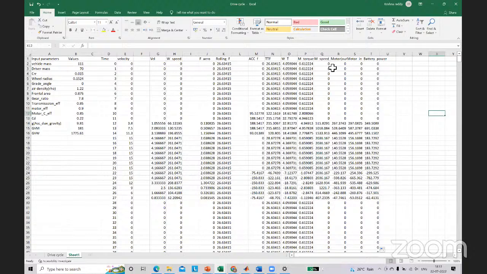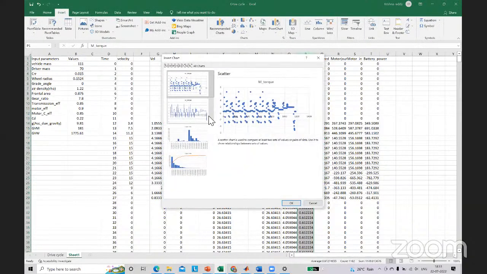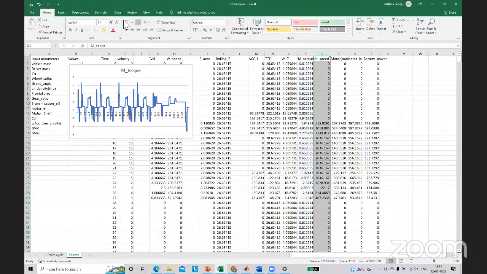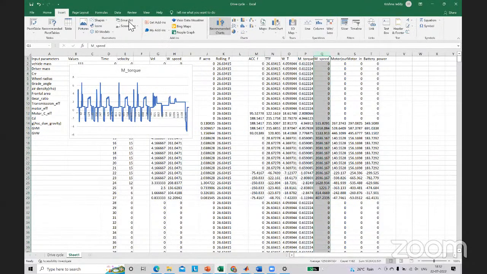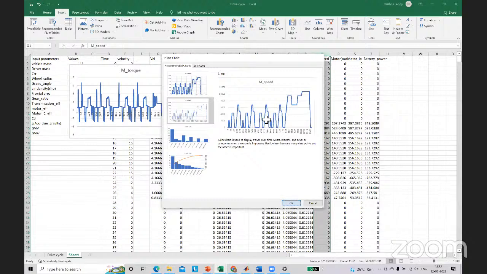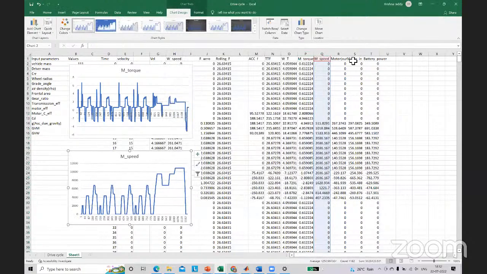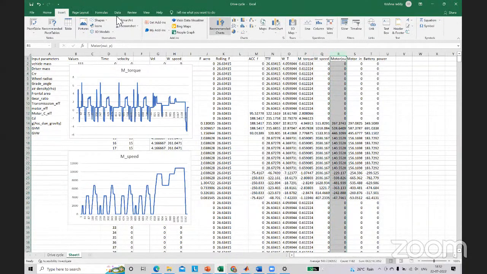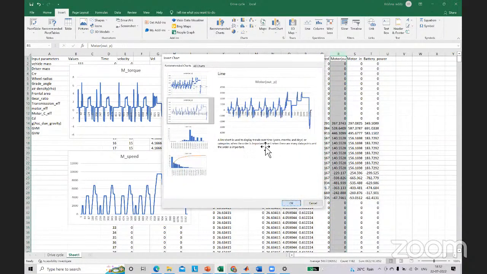I'll consider motor torque, as we are focusing only on the motor side. I'll bring out some graphs here: motor speed, motor torque, and the motor power.